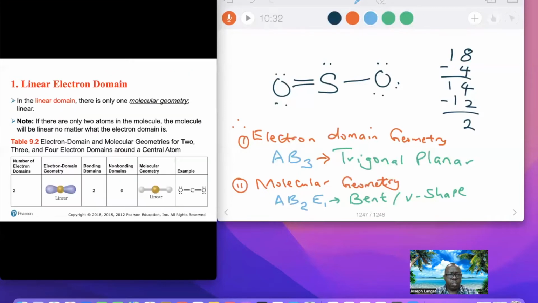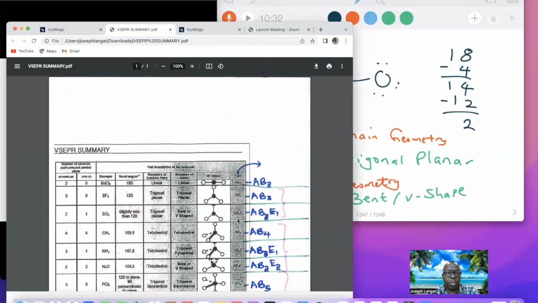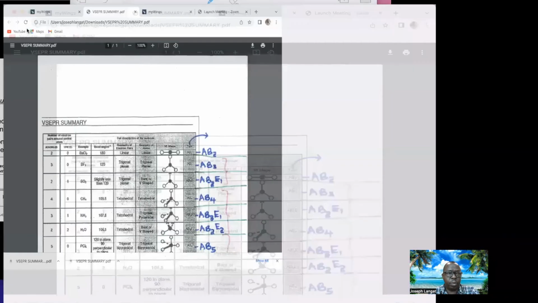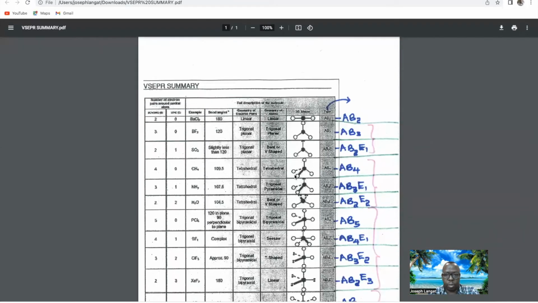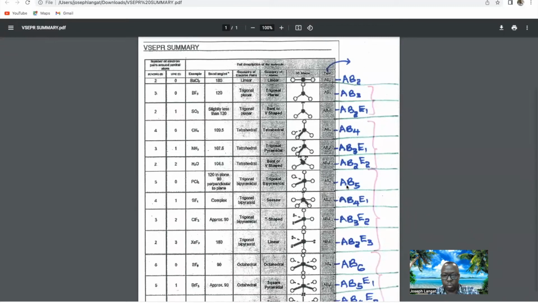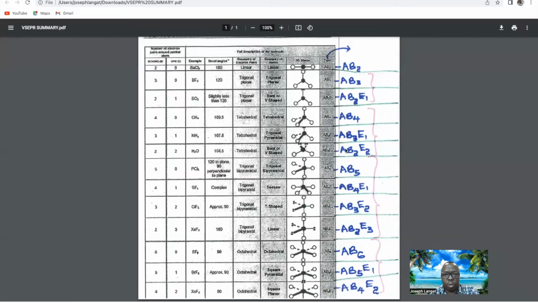I will allow you to use the valence shell electron pair repulsion table in the exam. I'm just going to include that. Yours is to learn how to use these tables to come up with the correct definition of the shape.